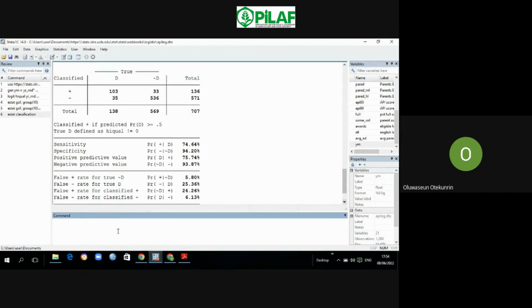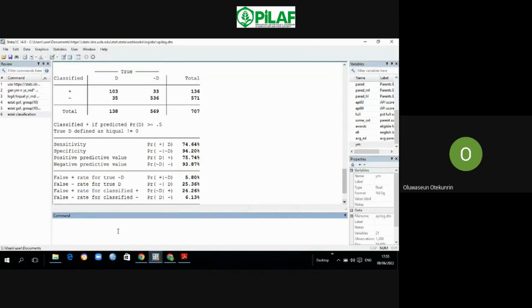The percentage that you have there should be very small. Because what is false positive? False positive says the school is high quality, when in fact it is low quality. That is a misleading conclusion. So you shouldn't have too many of that.